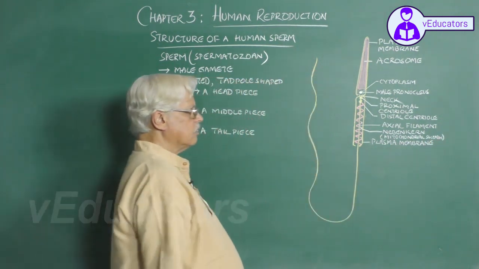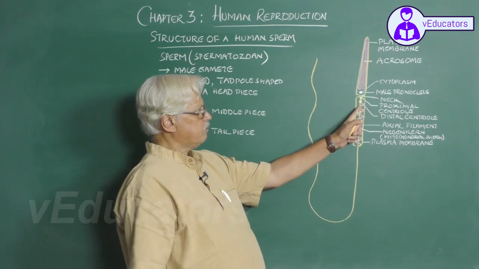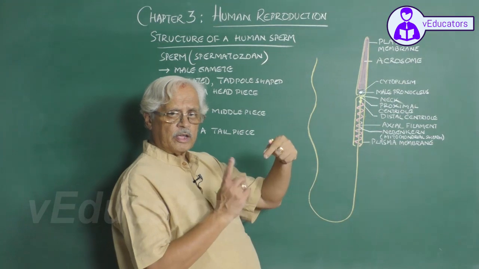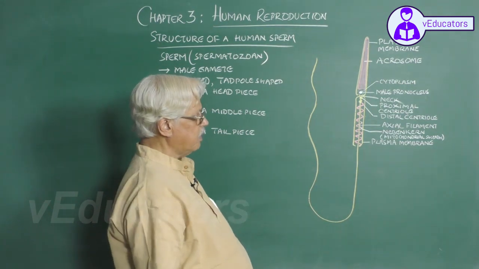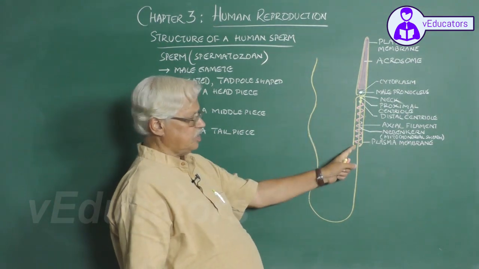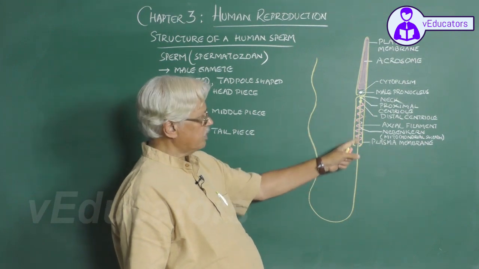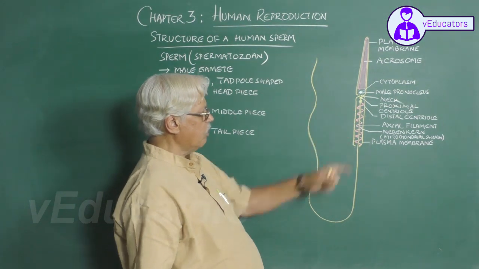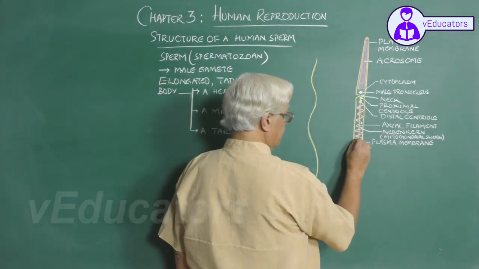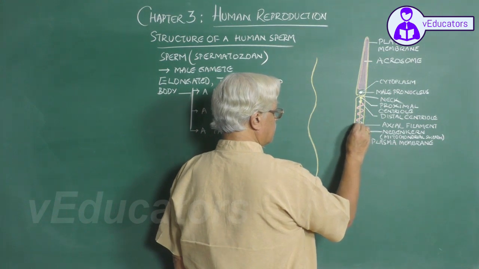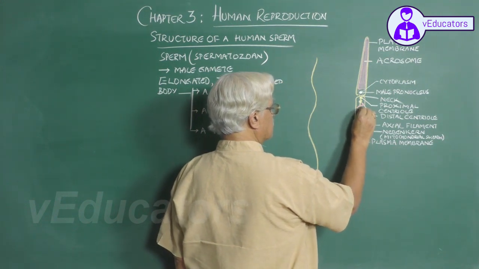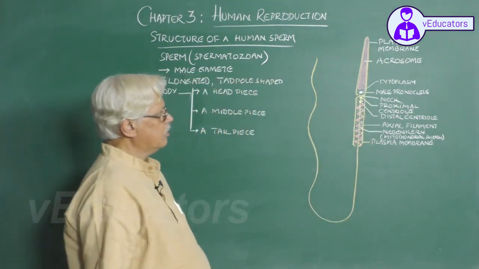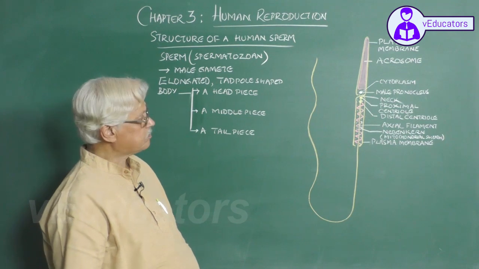The Nebenkern or mitochondrial sheath is formed by an aggregation of all the mitochondria coiling around the axial filament to provide energy for the locomotor movements of the sperm. Again, surrounding all these structures, you find a small amount of cytoplasm. This is the middle piece.